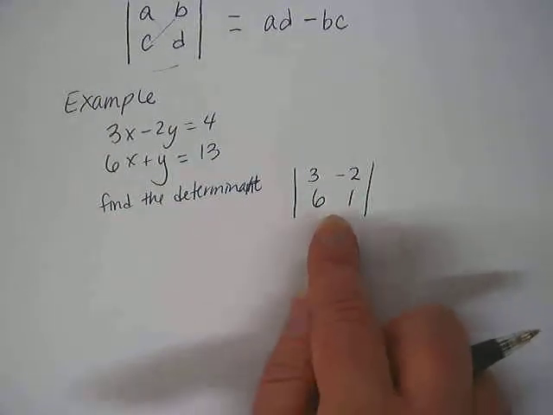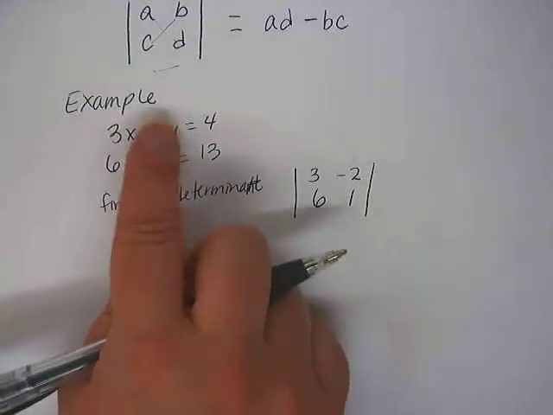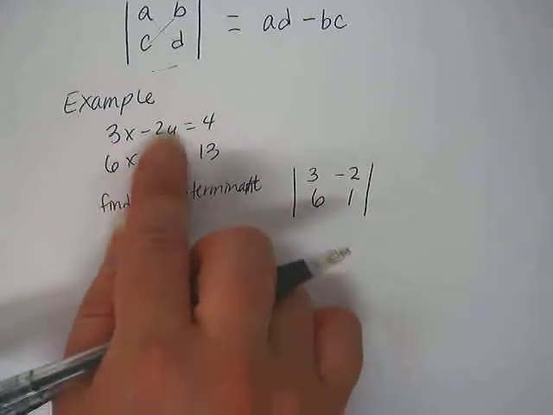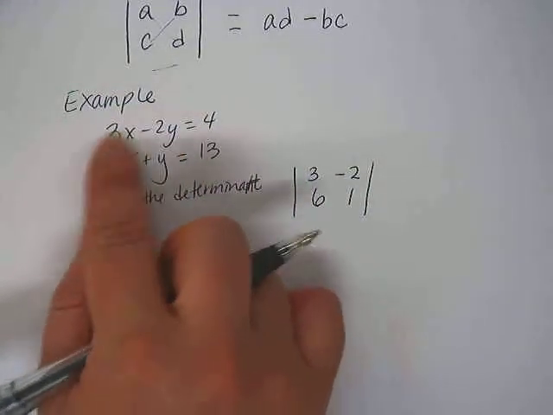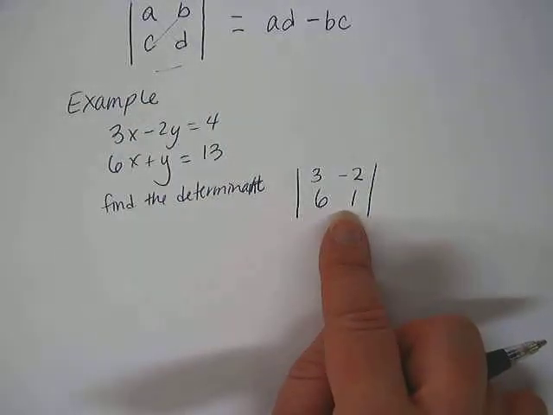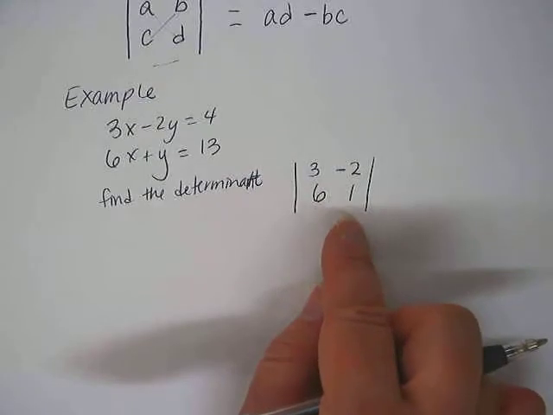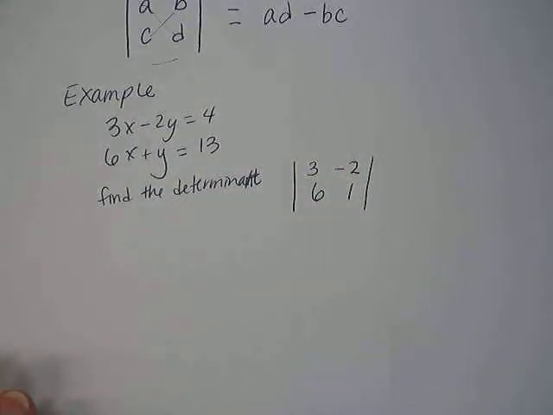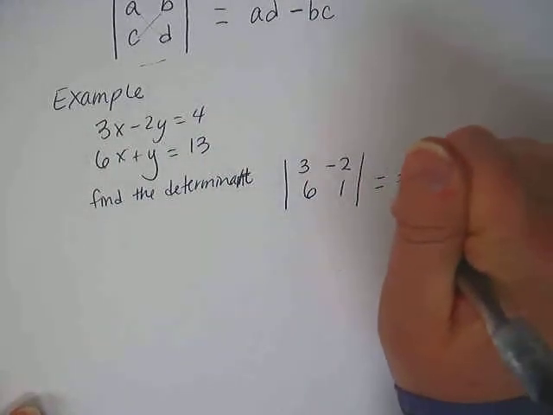Sorry, where did I get these numbers? From the system. So I just turned this into what is called the coefficient matrix. I turned the system of equations into a coefficient matrix, but it's not an augmented matrix this time, it's just the xy coefficients, okay?